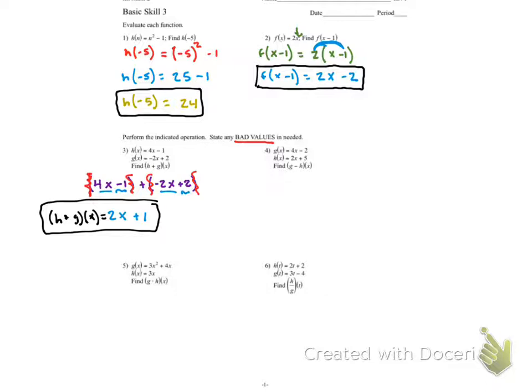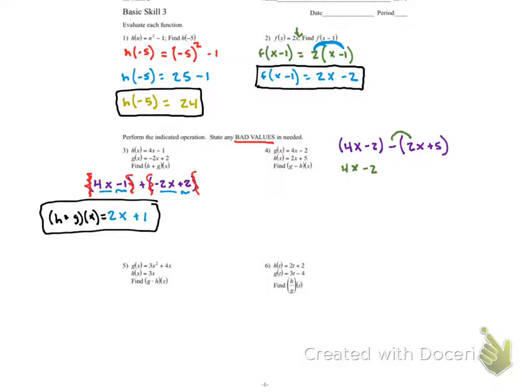Let's look at number 4. We're going to take g and subtract it from h. So here's g, 4x minus 2, and we're going to subtract it from h, which is 2x plus 5. It's a little different when you have subtraction of the two functions. First thing we have to do is distribute that minus sign into the parentheses.